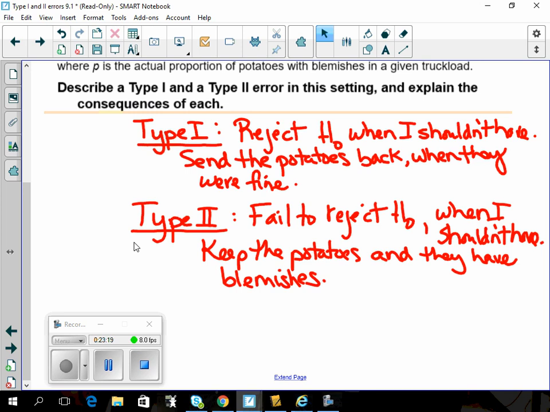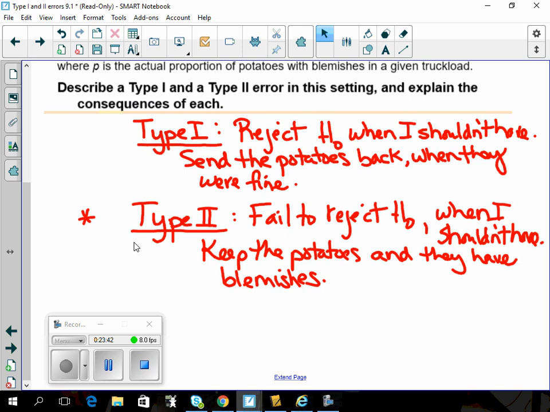I will say often type 2 errors have a larger consequence, but not always. Don't you think that using bad potatoes might be a worse consequence than sending good potatoes back? Because at least you're going to have good potatoes in the end. You just wasted money, right?